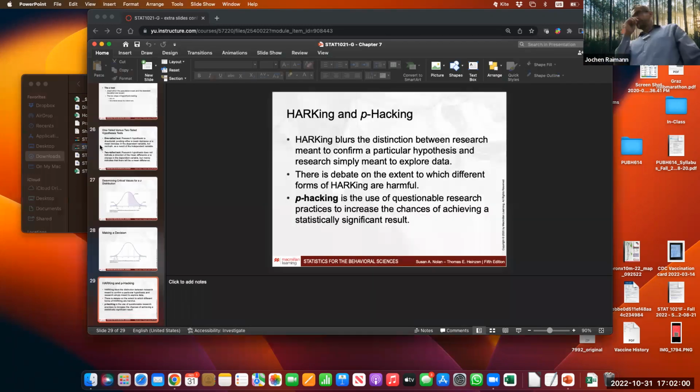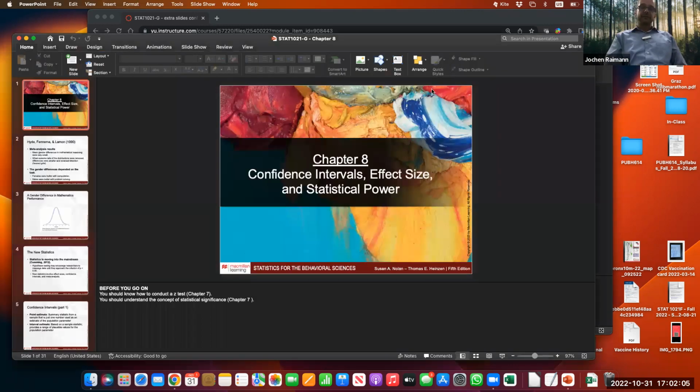So now that only tells you half of the truth, because it's not only about the significant difference; that's only half of what really counts. The example that Neumann and Heinzen are using now in confidence intervals is an interesting one.